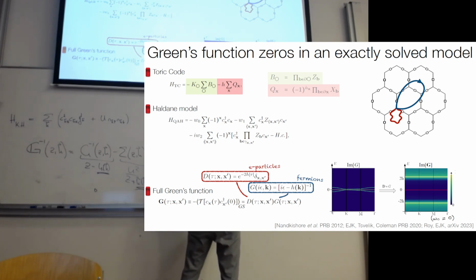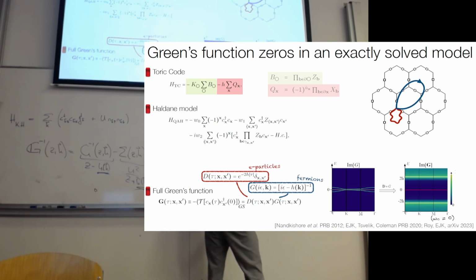This is the integral dk, and then of course this is something like 1 over i epsilon minus h of k. Our h of k is just a 2 by 2 matrix, so it's actually easy to evaluate this and just multiply it with the same thing here with the minus 1, so I can say minus i epsilon plus h of k over epsilon squared plus h of k squared.